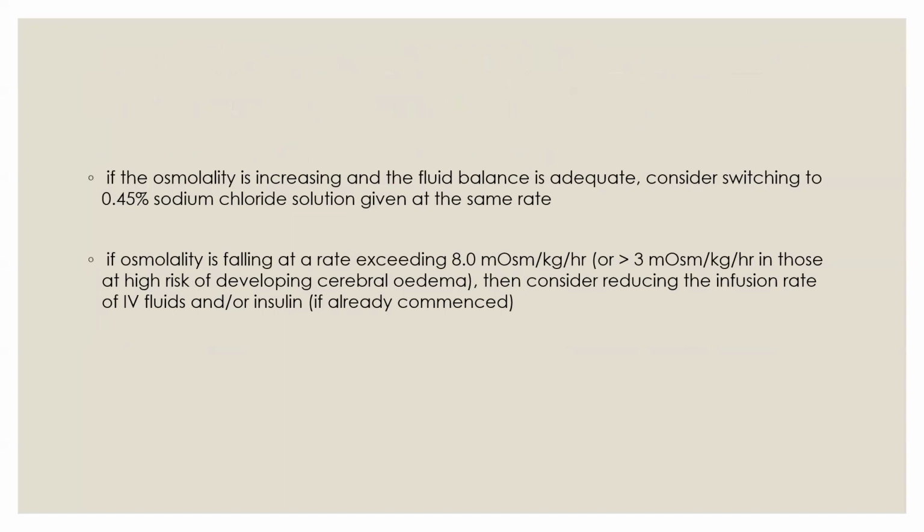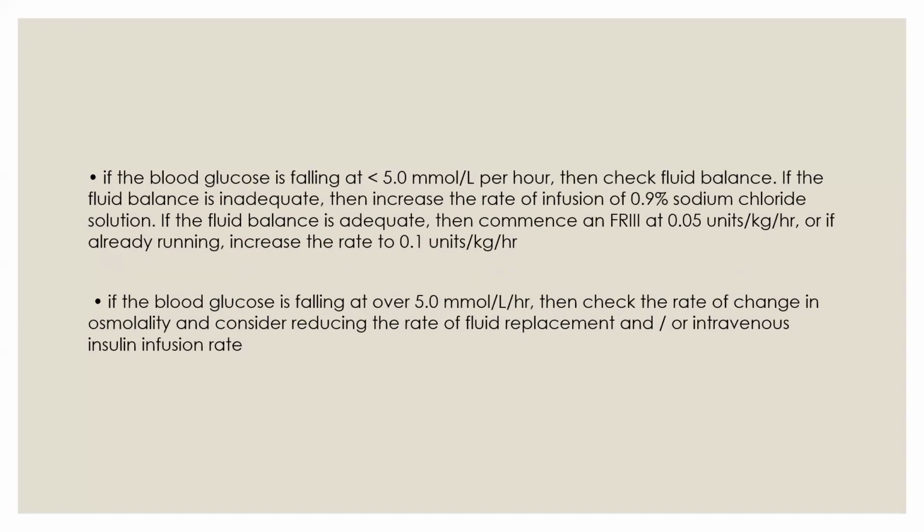If osmolality is increasing and the fluid balance is adequate, consider switching to 0.45% sodium chloride solution given at the same rate. If osmolality is falling at a rate exceeding 8 mOsm per kg per hour, then consider reducing the infusion rate of IV fluid and insulin.